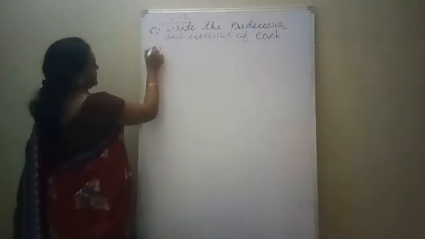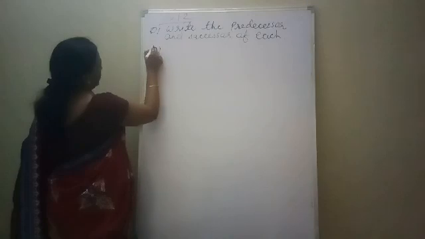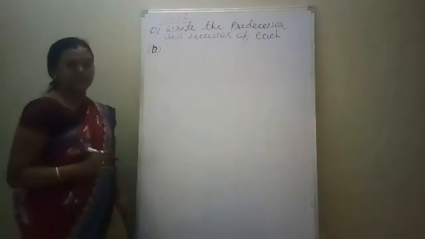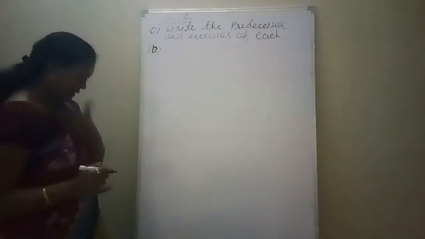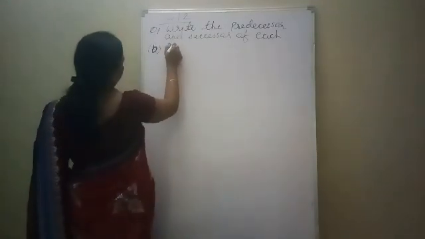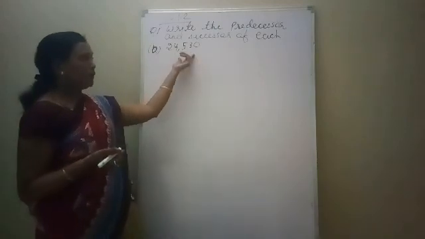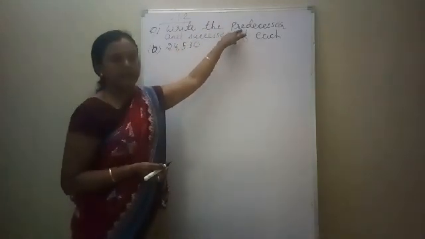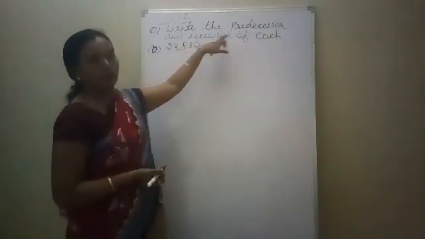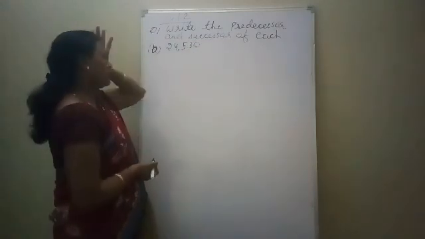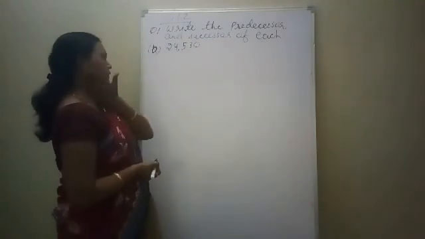So here let's take part B. In part A only one number is there, that is 2. So B1 is 24,530. What do we have to find out? The predecessor and successor of the number.